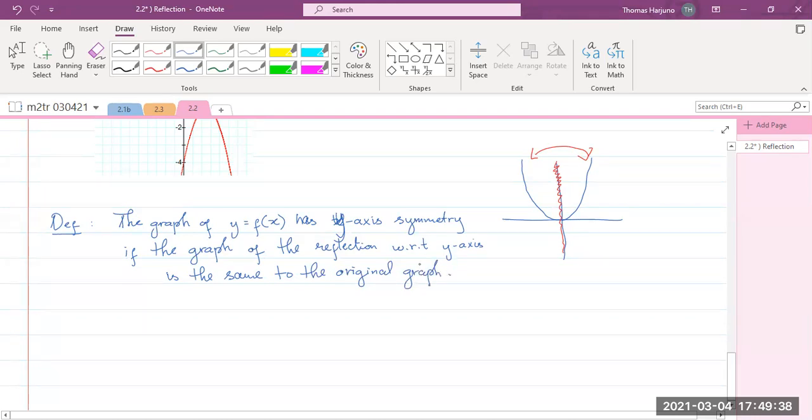Right? That's what we know about a graph having y-axis symmetry.